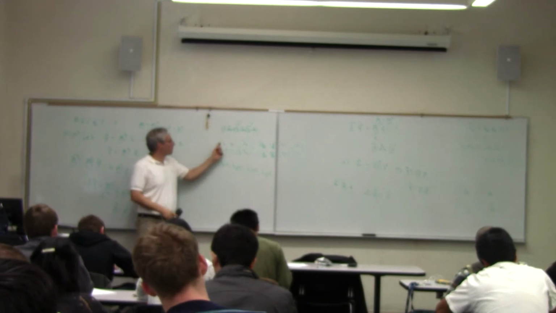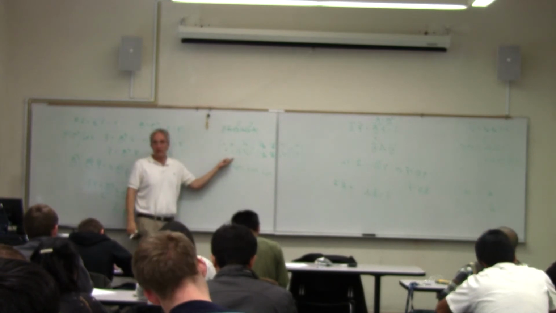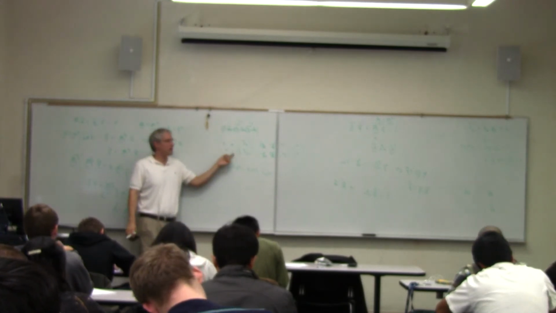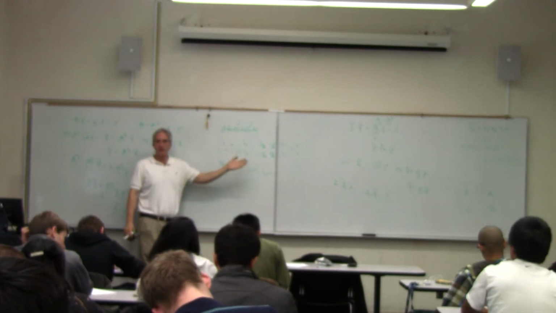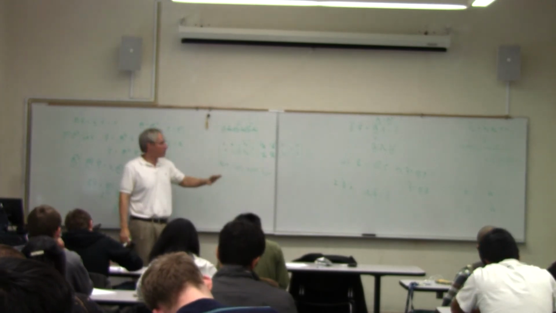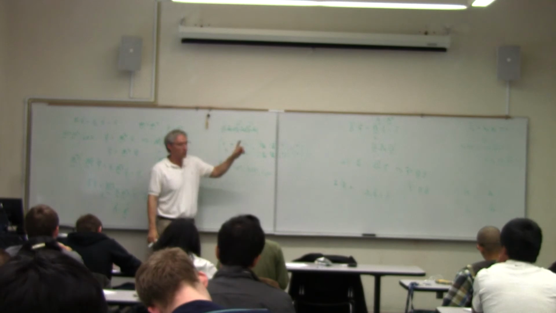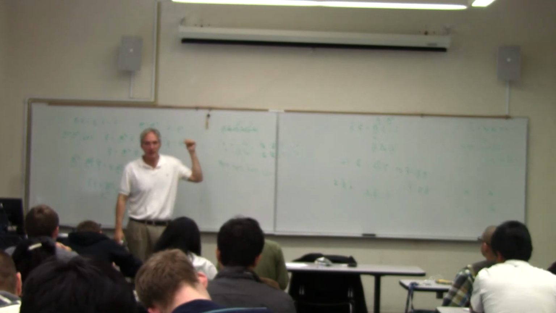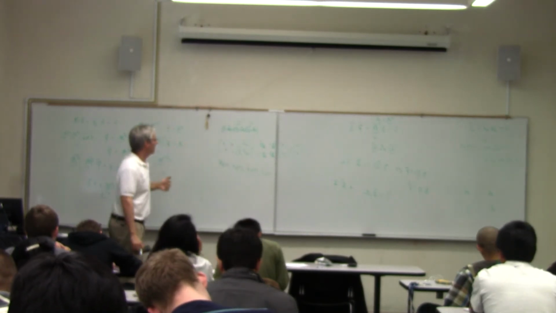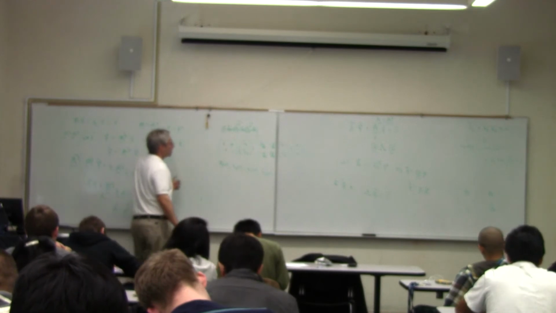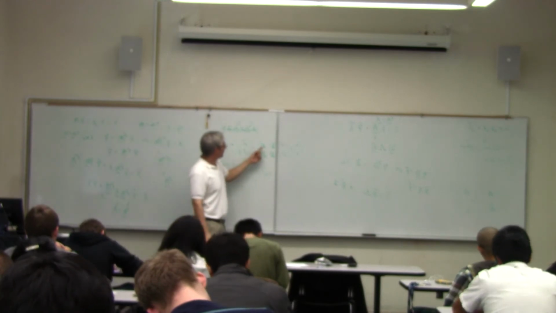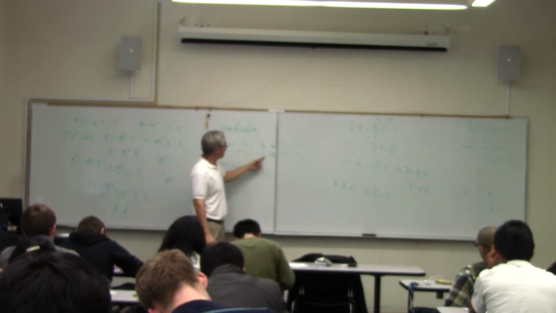Now, if this were m1 and m2, I could not do that. If these were two different values of mass, I couldn't just divide through. I would have to do this m to the 1/2 business that I started out with. Okay? So in every term here we have a k over m.